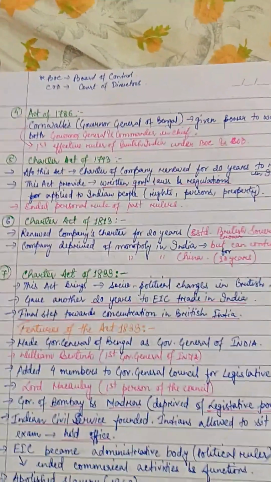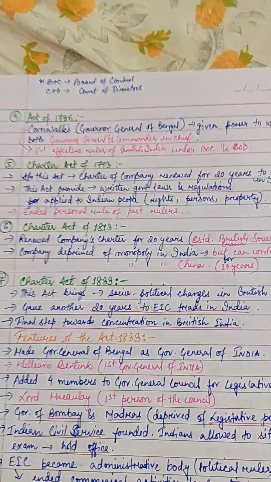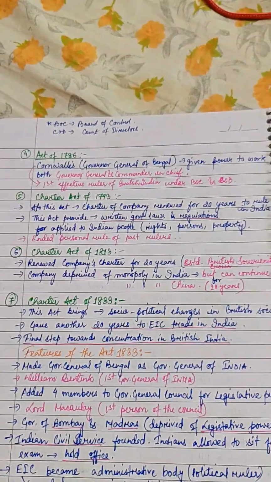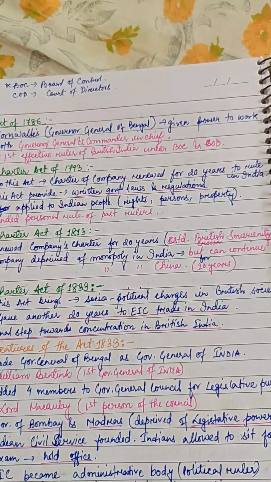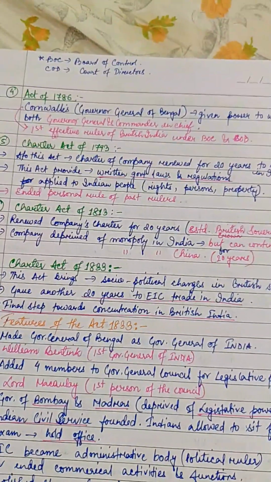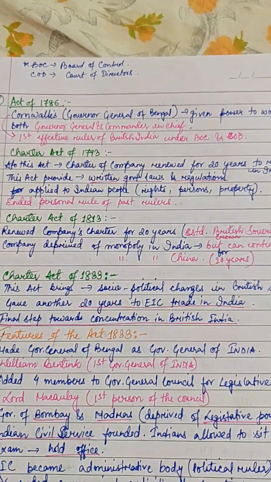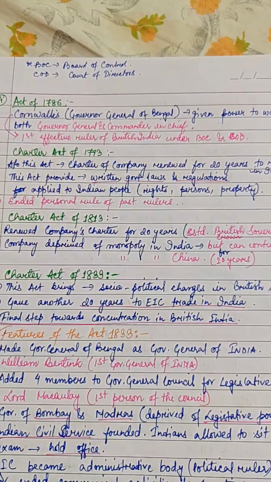It ended the personal rule of past rulers; in whatever way they ruled the country, they now had to follow the rules and regulations provided by the British Parliament.